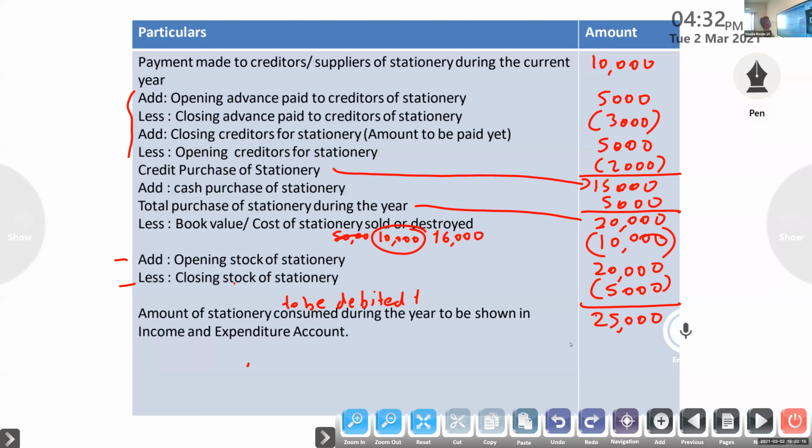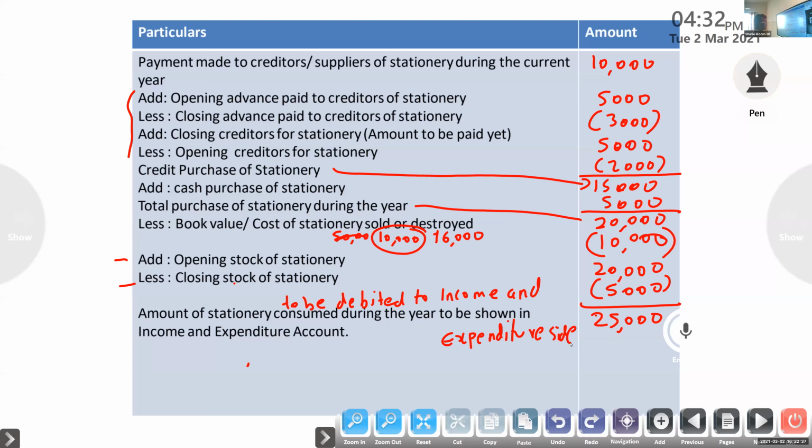Amount paid to creditors for stationery, add opening advance paid to creditors, less closing advance paid to creditors, add closing creditors for stationery, less opening creditors for stationery. Then you will get credit purchase of stationery, with that add cash purchase.